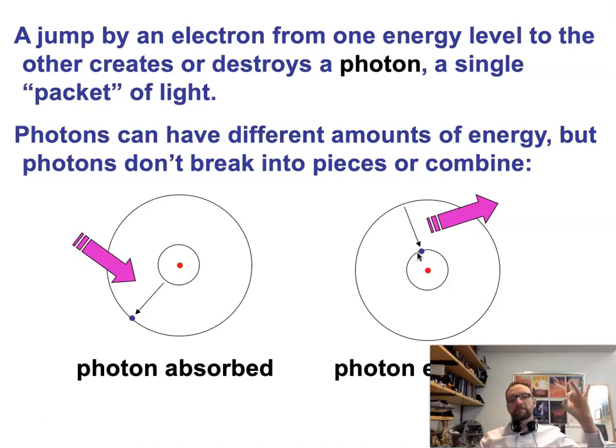And when those atoms all start shooting off photons, my cloud starts to glow. I've created light. The thermal energy of this hot gas has turned into radiative energy. It's turned into photons, light, given off by this glowing hot gas.